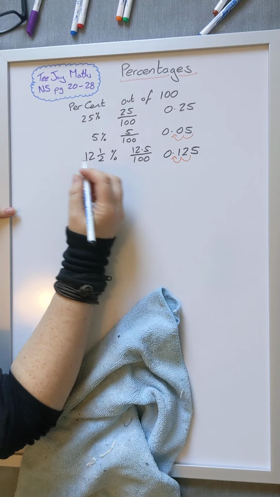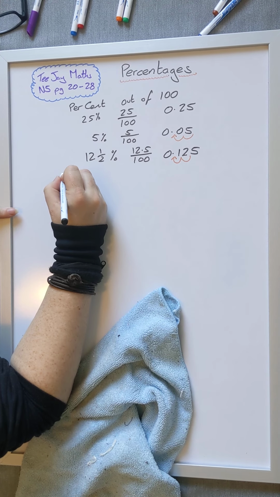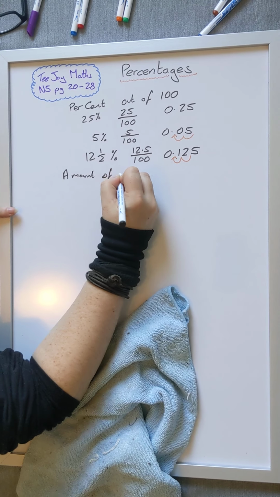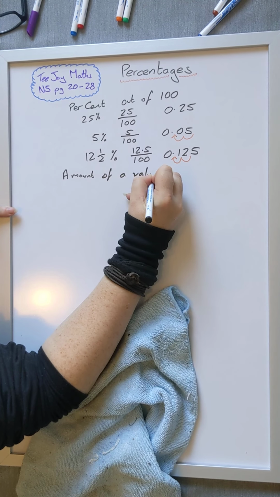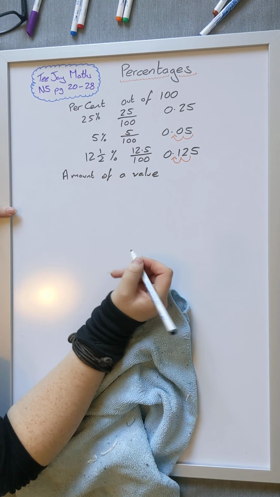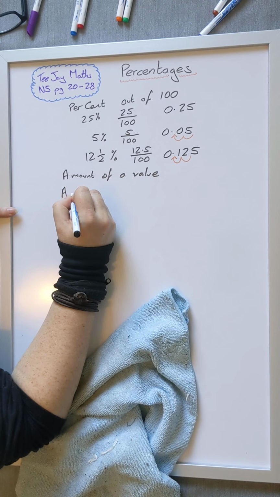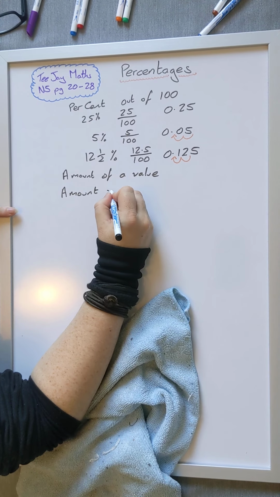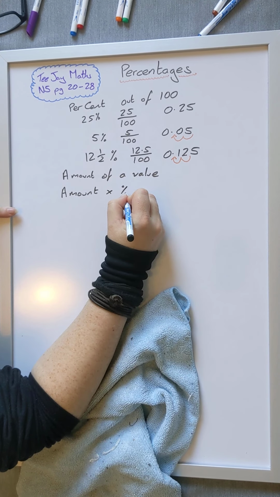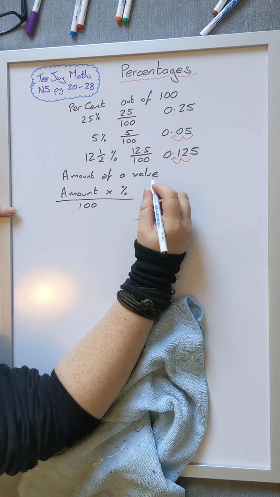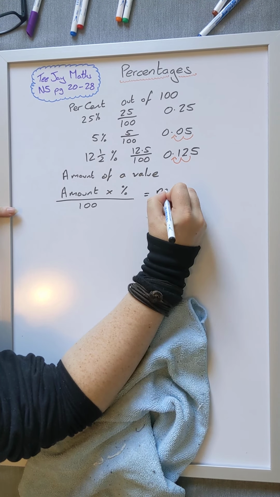Now if you're finding an amount of a value, all you're going to do is follow a little formula, and that is your amount times by your percentage divided by 100, and that gives you your new value.